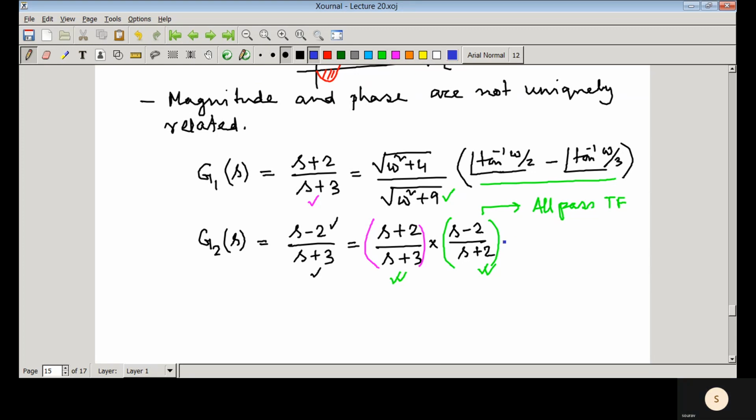That is tan inverse omega by 2 minus tan inverse omega by 3, so contributing extra phase.